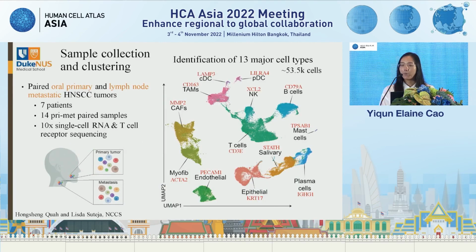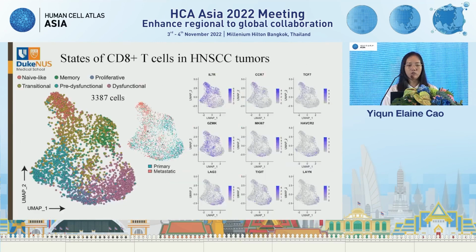We collected the samples of paired oral primary and lymph node metastasis HNSCC tumors from 7 patients, followed by 10x single-cell RNA and TCR sequencing. In total, we identified 13 major cell types, and for today, we'll focus on the T cell cluster, and specifically extract the CD8 T cells for reclustering.